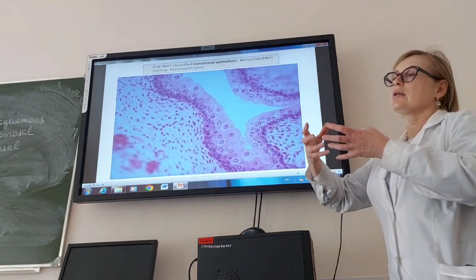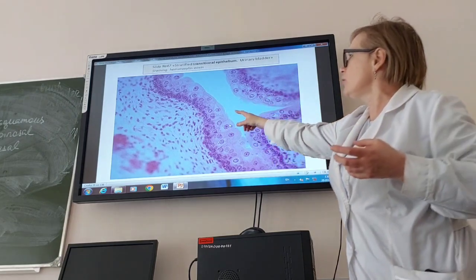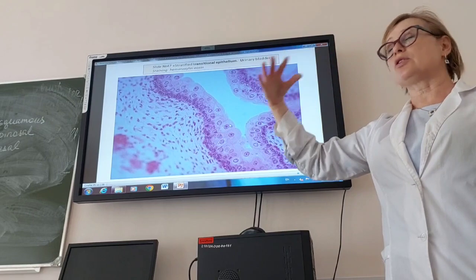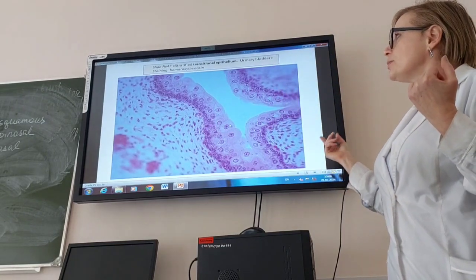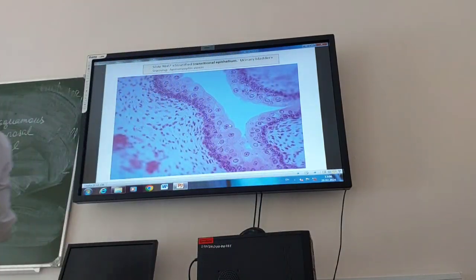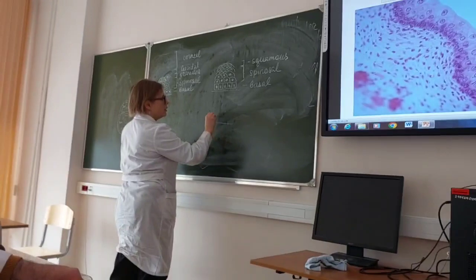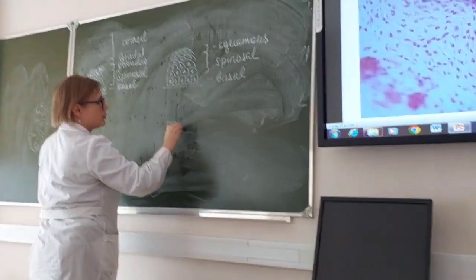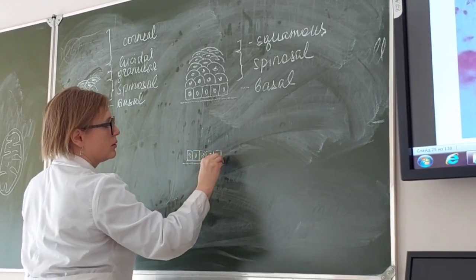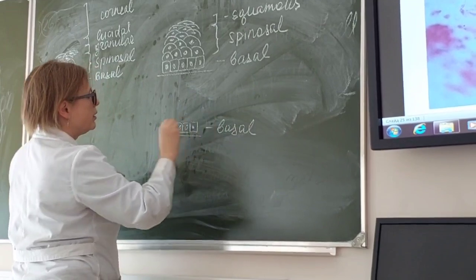And when the wall of the urinary bladder stretches, the epithelial cells become more flattened, but after that return to the initial state. So if we compare this and this, again we can see the basal layer.